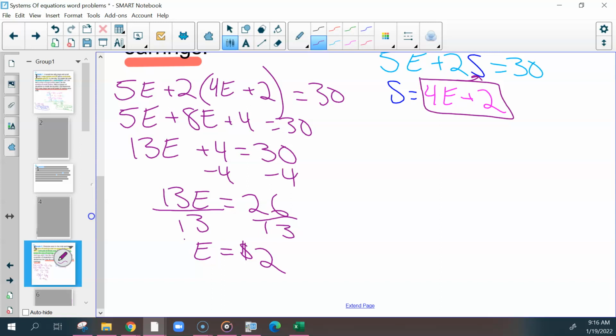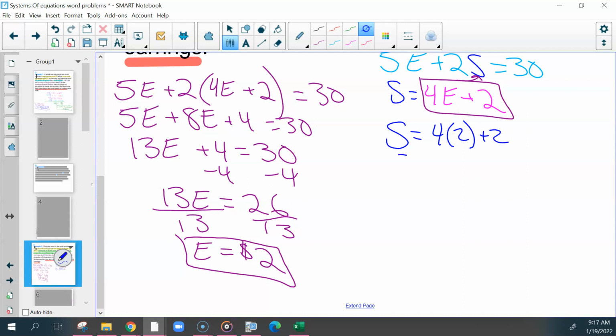So now that we know our cost of E, we can go back, put that in our S equation and find S. I believe that is correct.